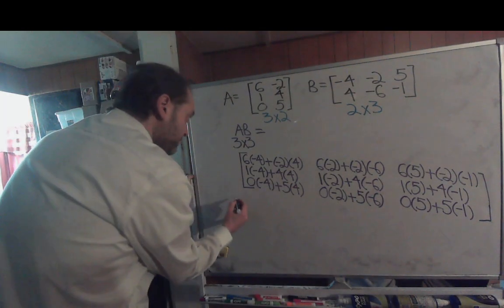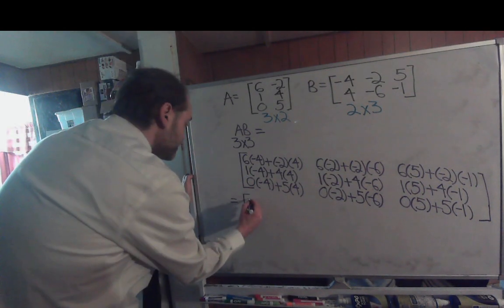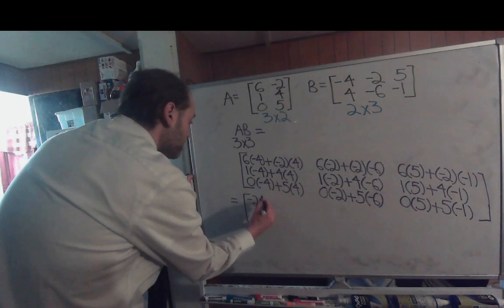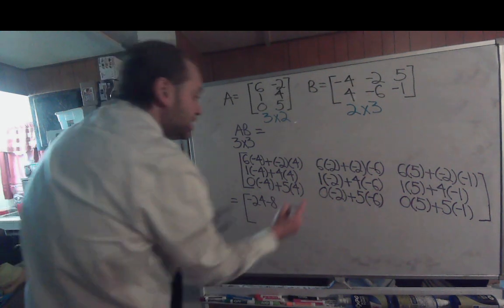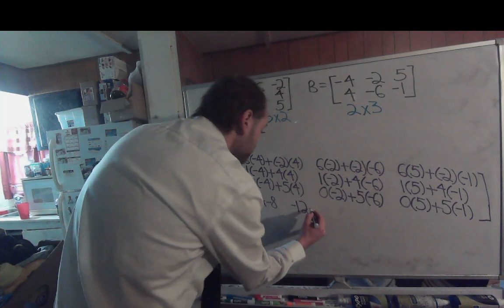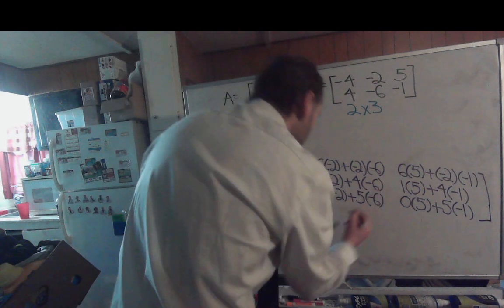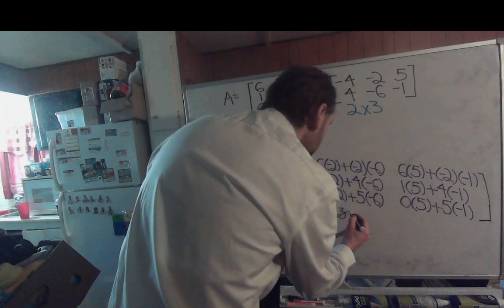Now we can simplify this. Holy moly. This will turn into -24 minus 8. Then you would end up having -12 plus 12. You would then end up having 30 plus 2.